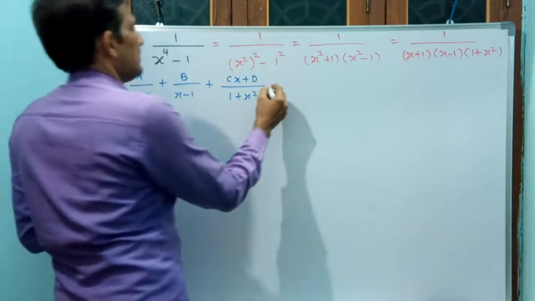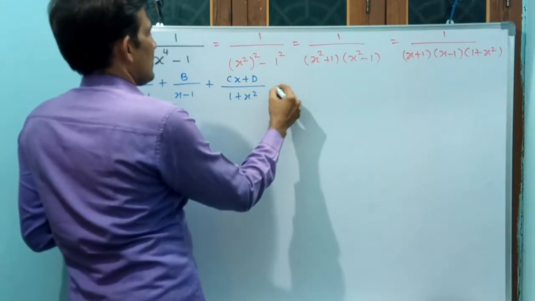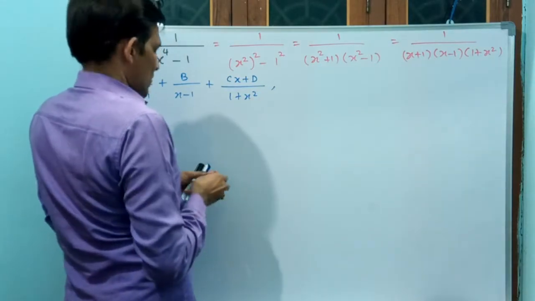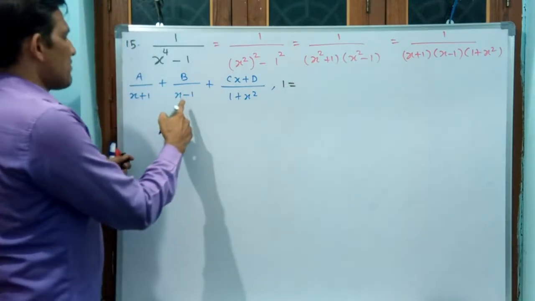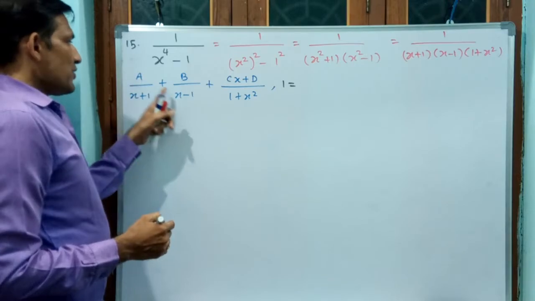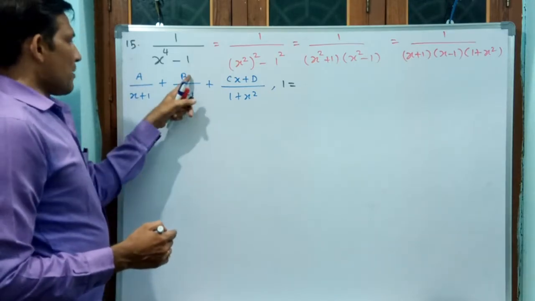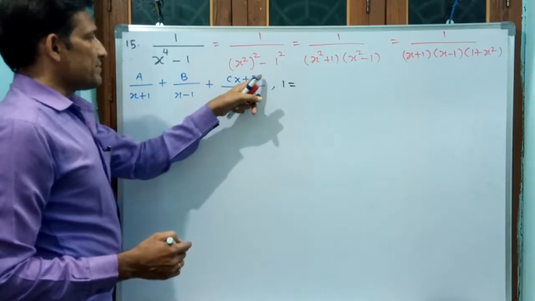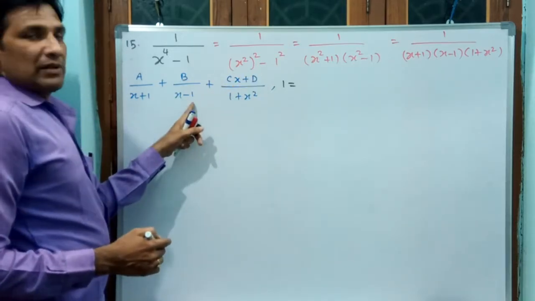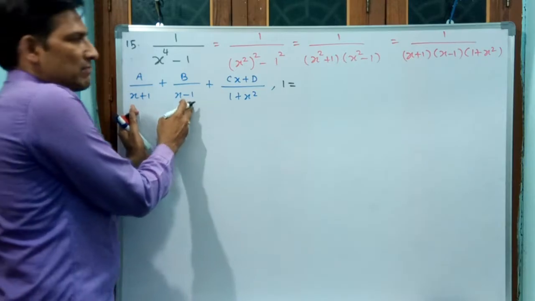See how I am writing. 1 is equal to A into x minus 1 into 1 plus x square, plus B into x plus 1 into 1 plus x square, plus Cx plus D into x square minus 1. Why? Because if you multiply these two, x square minus 1 is going to become.